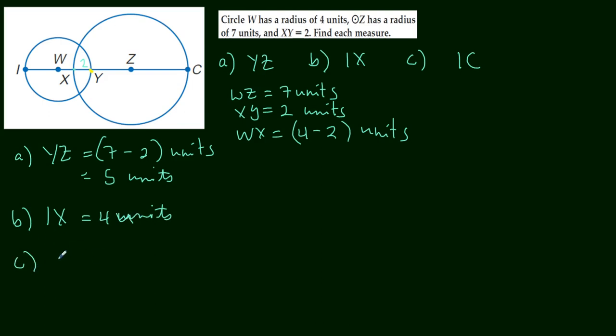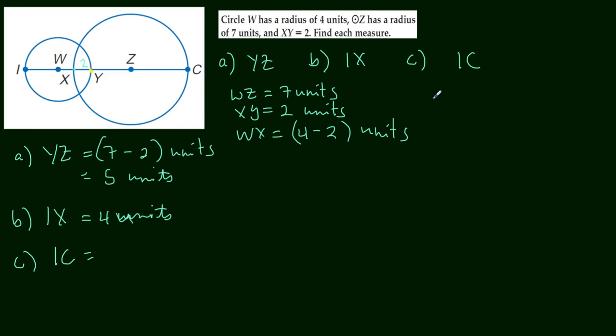C, IC, as you can see here, that's 7. X and Y zeta is 7 and WX is 2 units.